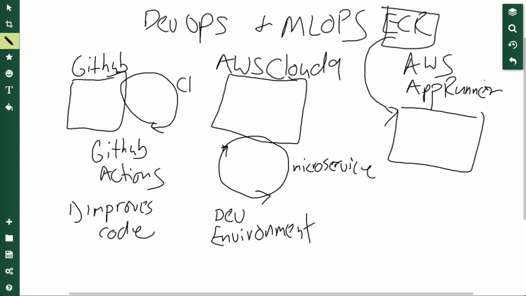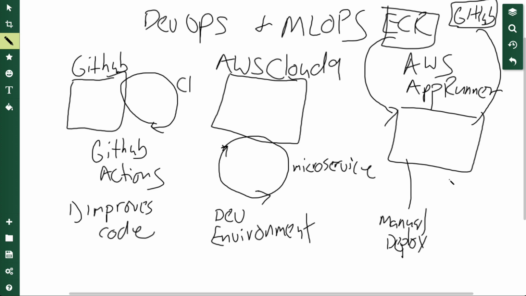We also told App Runner to listen to GitHub, and that's another one that it did. And then we even had a couple flavors of how we did App Runner. One was manual deploy, and another one was auto deploy, which would be continuous delivery.